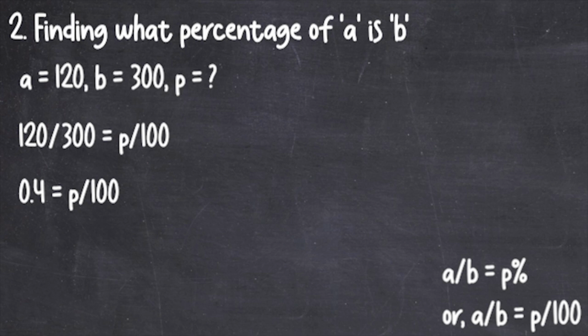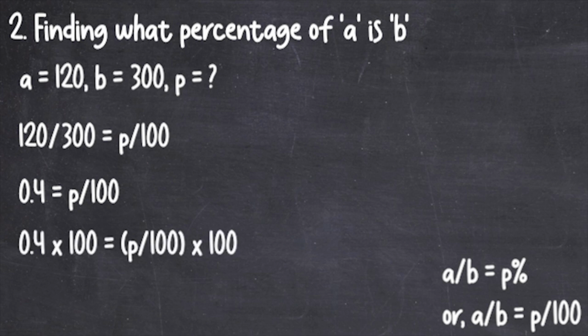Remember, to find the value of P on the right-hand side, we need to isolate it. We can do that by multiplying both sides of the equation by 100. This would give us 0.4 times 100 equals P over 100 times 100, which leaves us with 40 equals P. This shows us that 120 is 40% of 300.